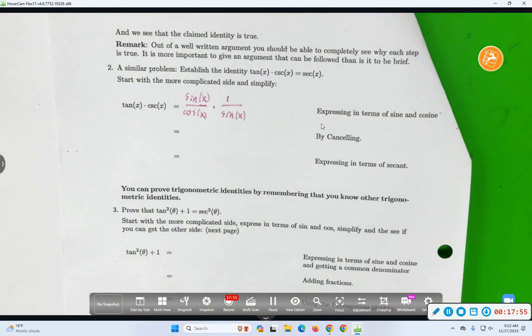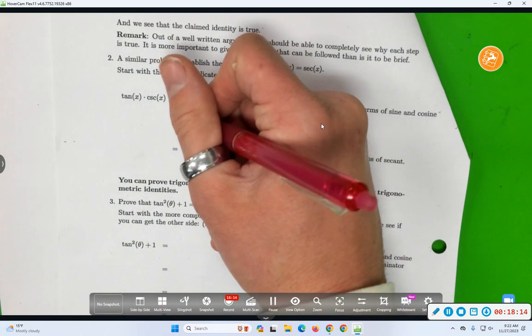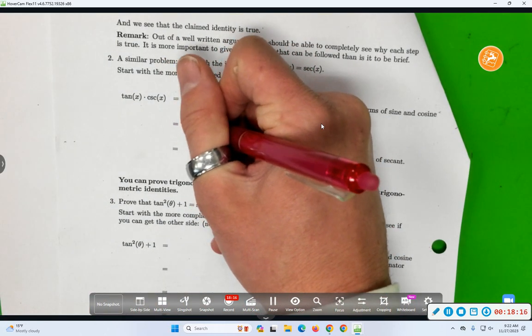All right. And that's the step that you can make blindly, hoping that you see something after you do it. Do you see something now that that step's been made? What do you see? There's a thing in the numerator that's also in the denominator. It's all multiplied, so you can cancel. Giving you just 1 over cosine of x.